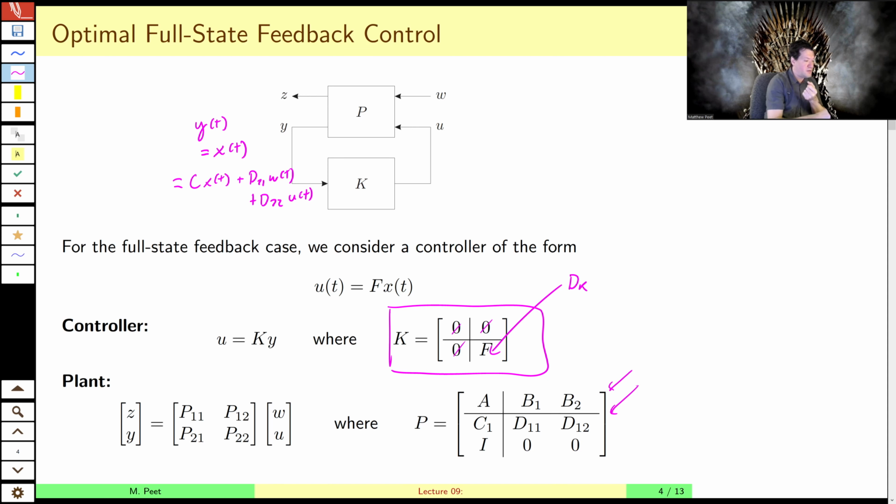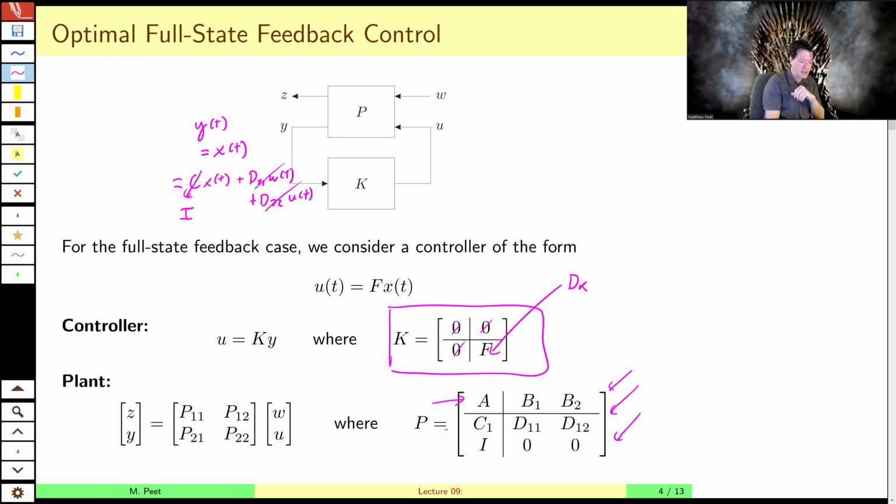Well, we can't have either of those D terms if we're just looking for x. And of course, we have C2, but it's just the identity matrix. And so we have to restrict ourselves to plants that have this particular structure.